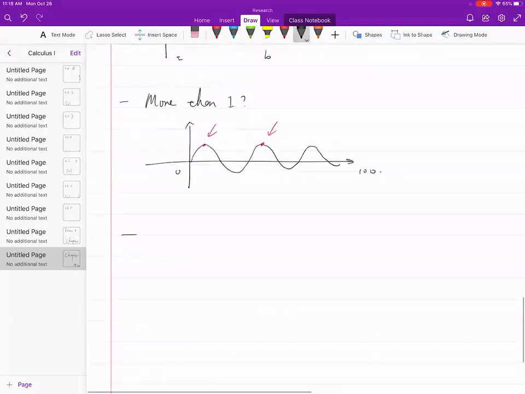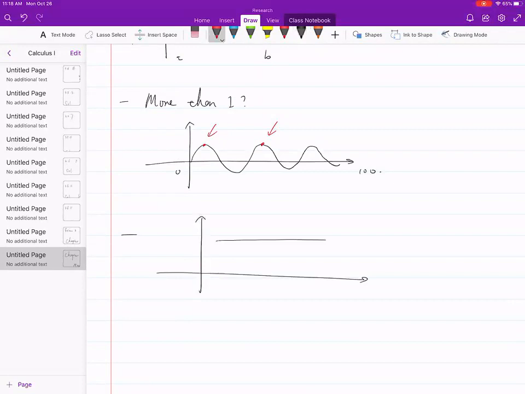Number two, is this one a maximum? Absolute maximum. Everything is horizontal. Again, by definition, is this one bigger or equal than everybody else?